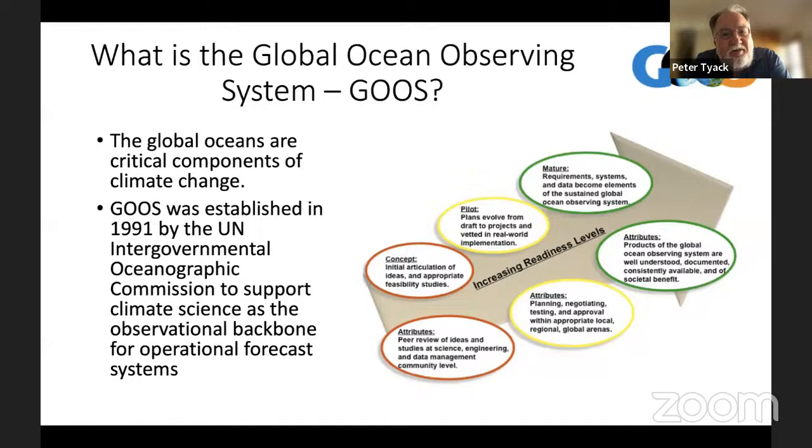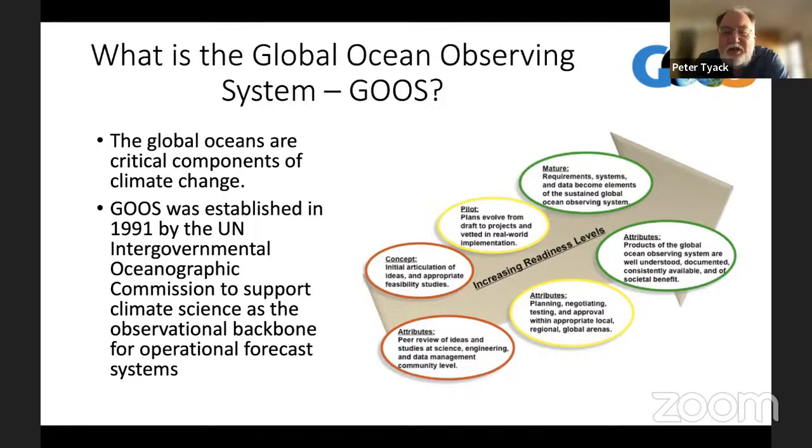The start of this was the recognition that the global oceans are critical components of climate change, both in terms of flux of temperature and of carbon dioxide. And the Global Ocean Observing System was first established in 1991 by the UN Intergovernmental Oceanographic Commission to support climate science, so quite focused on climate as the observational backbone for operational forecast systems.